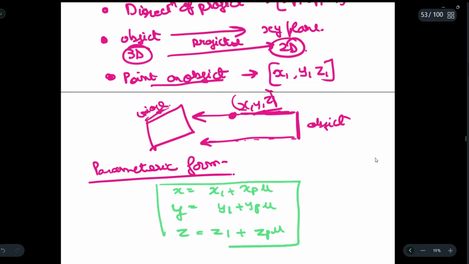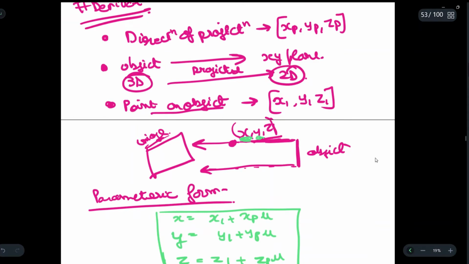This is the parametric form of the equations for the point x, y and z, where x1, y1, z1 is the point on the object, and xp, yp and zp is the direction of the projection lines.